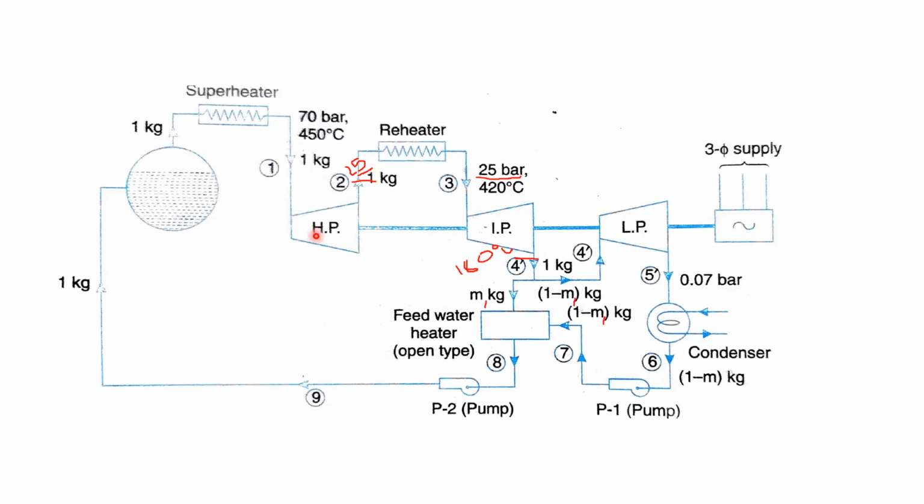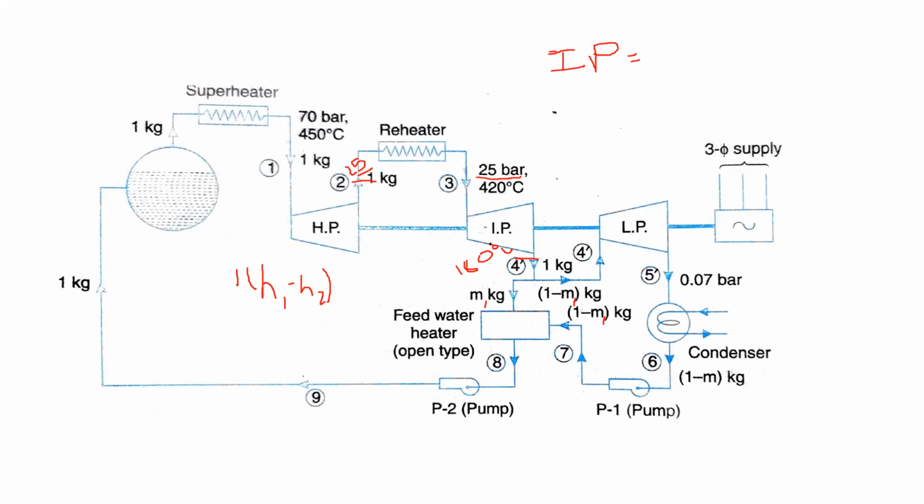If you want to write down an equation for 1 to 2 dash, what is the mass here? One unit of mass is there during the process of 1 to 2. For this, I am writing 1 into H1 minus H2 for the high pressure turbine work done. For the intermediate pressure turbine, the work done is equal to what?